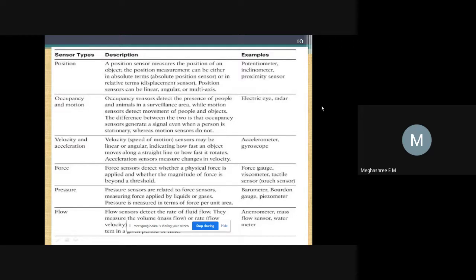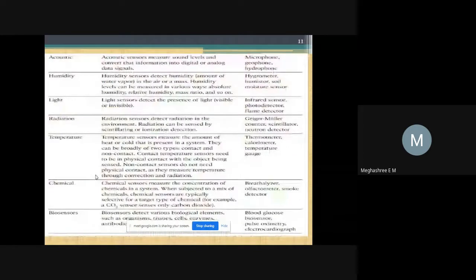For position, you can see proximity sensor, which we use in cell phones as well, right? Occupancy and motion, like radar. Velocity and acceleration, accelerometer or gyroscope, which we use in cell phones. With respect to force, that is force gauge, tactile sensor or touch sensor.